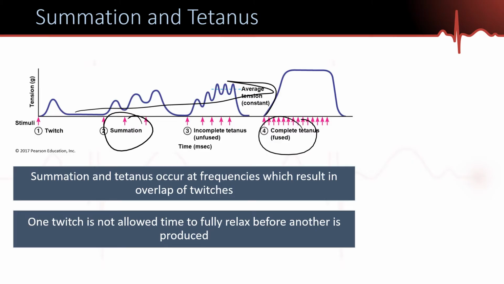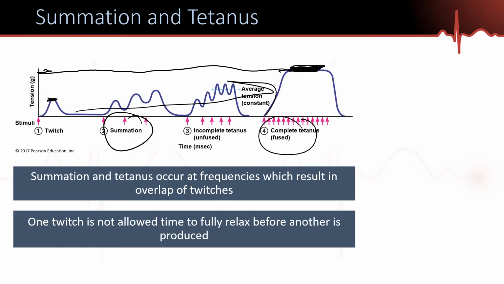Look at the difference. Here's how much force is generated during a twitch when the skeletal muscle fiber generates one action potential. And over here is how much force it's actually capable of generating. You can see that the skeletal muscle fiber is capable of generating way more force than it actually does during a twitch.